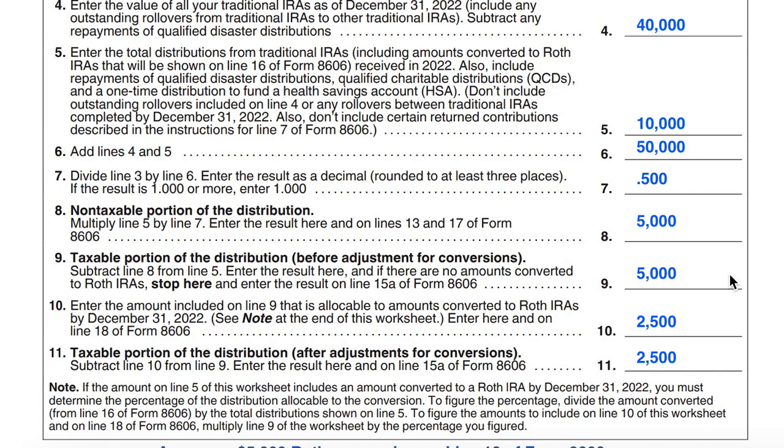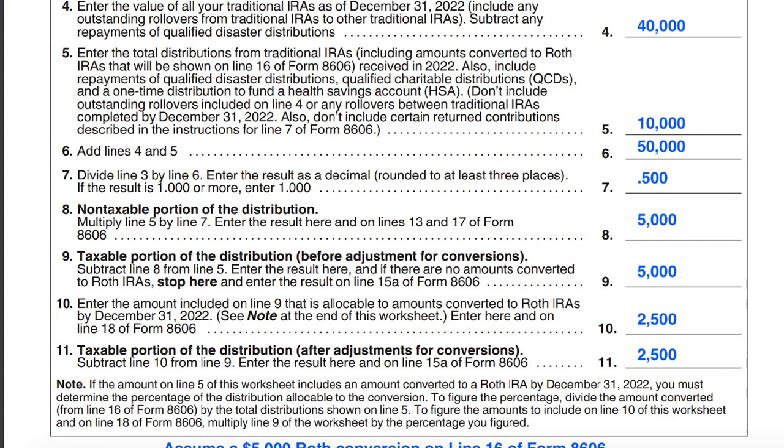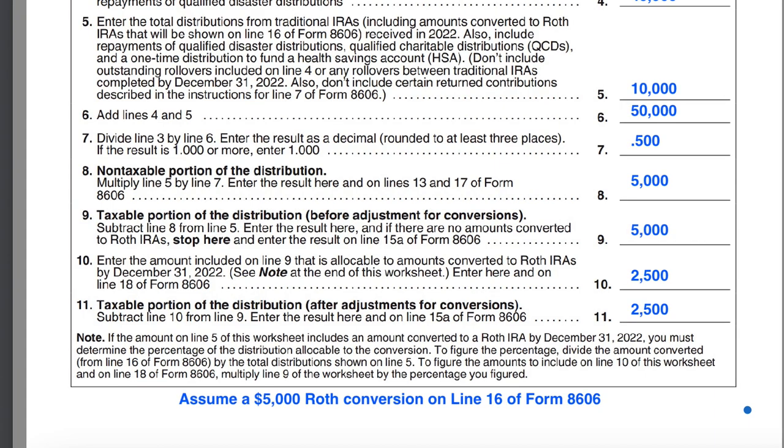So if you did have Roth conversions, you now need to determine the taxable portion of your distribution after you've accounted for the Roth conversion. So at the bottom of this, I put a note saying that we should assume a $5,000 Roth conversion amount on line 16 of the form.